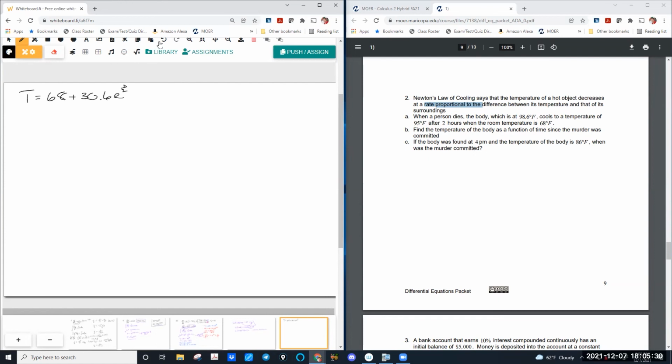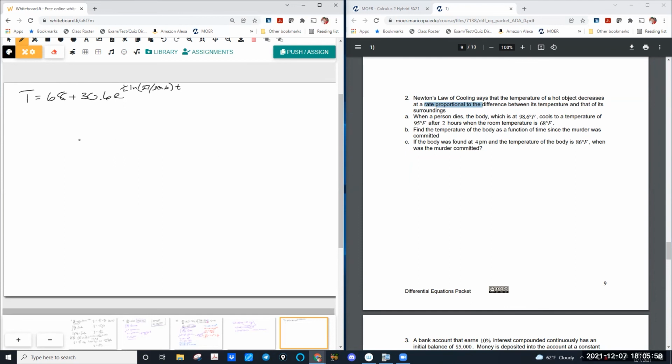Instead of dividing by 2, I'm just trying to clean it up a little bit. This is the unique solution to that differential equation.